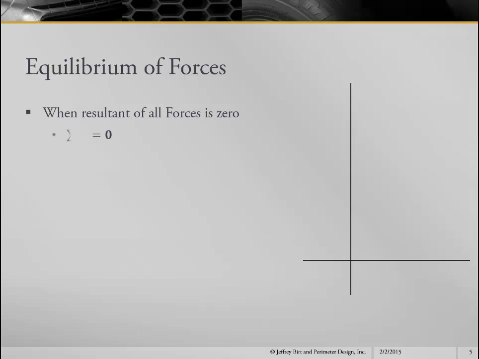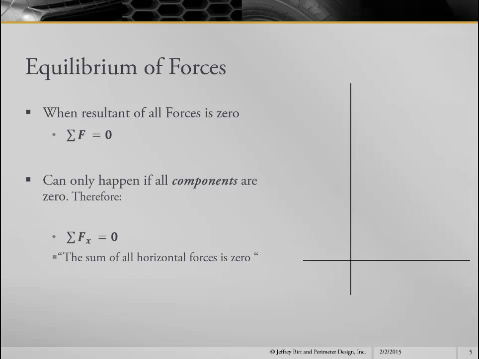So algebraically, this looks like this. The sum of all forces is 0. However, when we do our algebra, we always break it up into components. So according to our formulas, carefully if you look at them, this can only happen if all the components are 0. So to have the equilibrium of forces, we have to have two things in two dimensions, which is the sum of all horizontal forces is 0. And as you can see over on this side, we have AX and BX and CX.